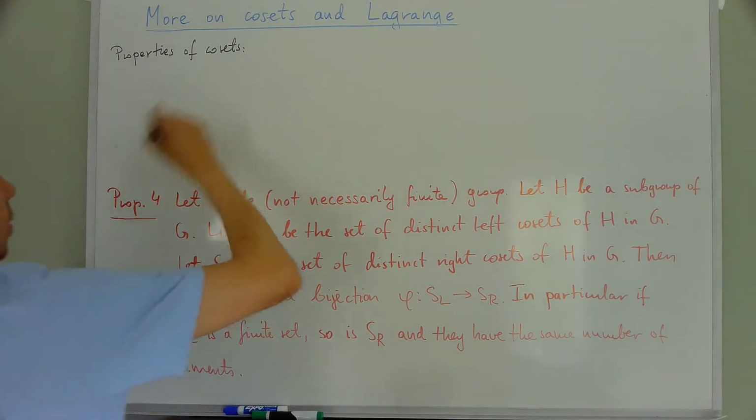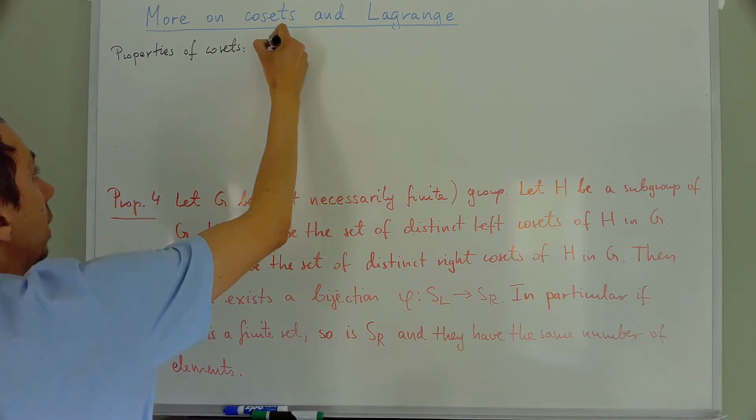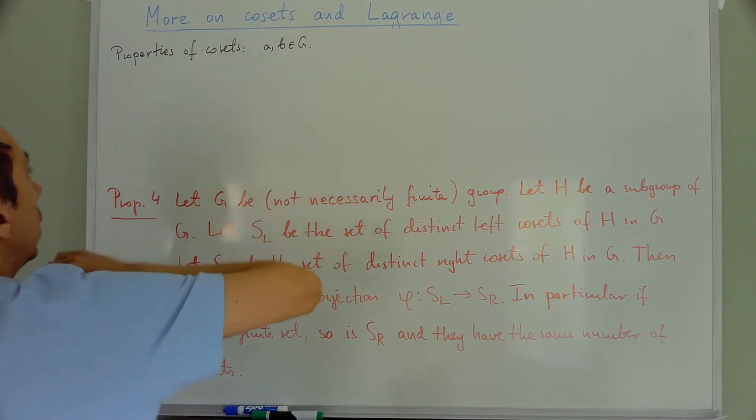So if I have A, B, C, and D in G, then we have the following.